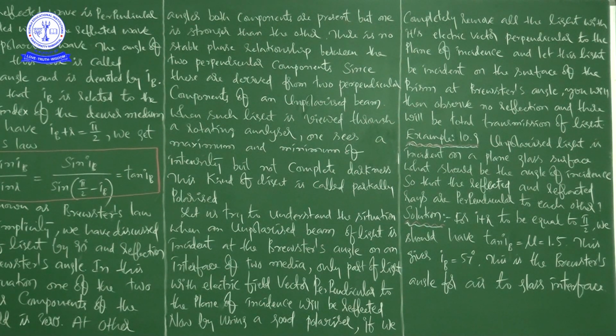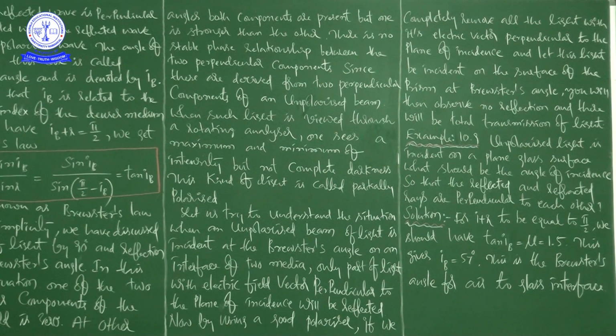The transmitted intensity will be 0 when the axis of the analyzer is in the plane of the figure, that is, the plane of incidence. The reflected light is linearly polarized perpendicular to the plane of the board, and if you view it with an analyzer whose axis is in the plane of incidence, you will not see any light. So the transmitted intensity will be 0.